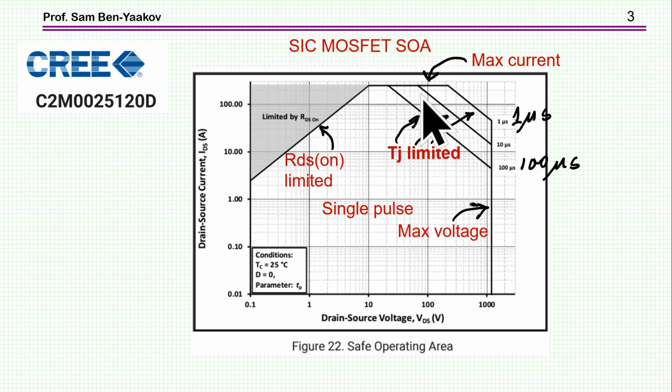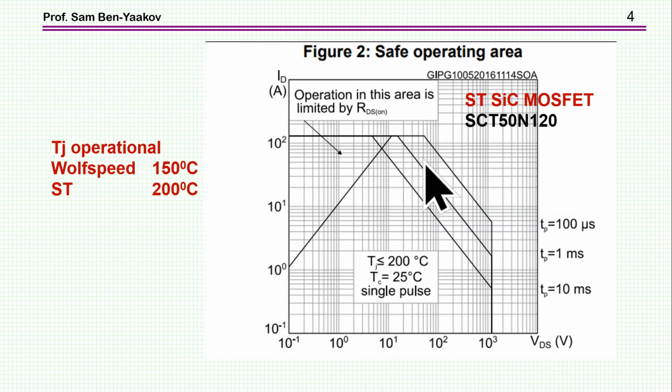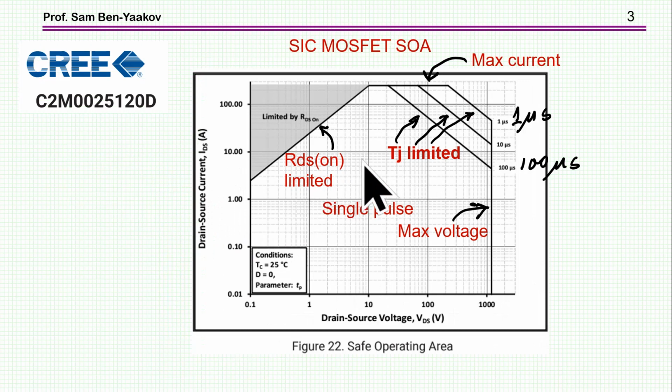If you are above this line, you are supposed to violate this maximum junction temperature. Unfortunately, Cree does not give you what is the maximum junction temperature for these curves. Well, the maximum junction temperature for the transistor of Cree or Wolfspeed is 150 degrees. So you might have thought that this is 150 degrees.